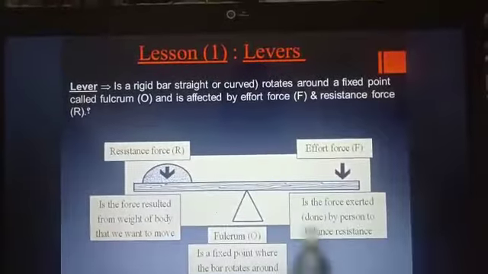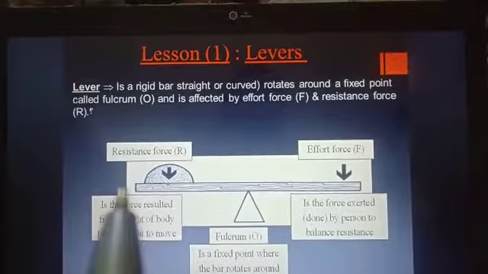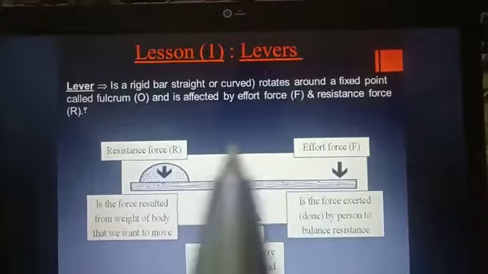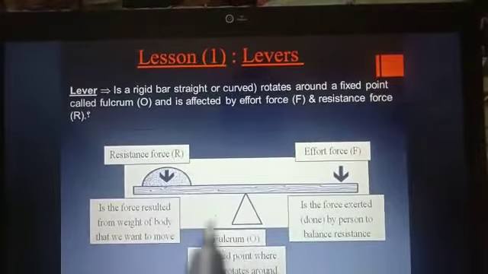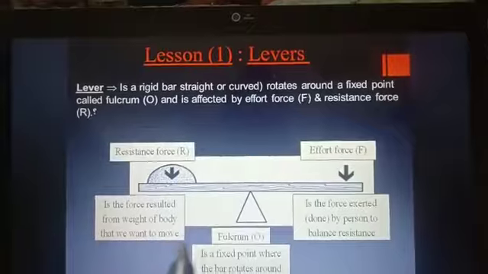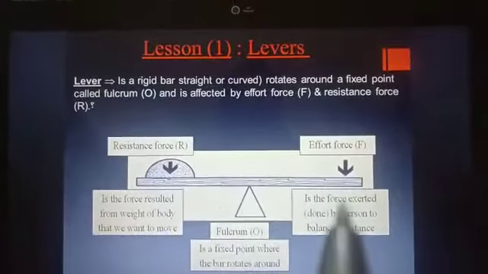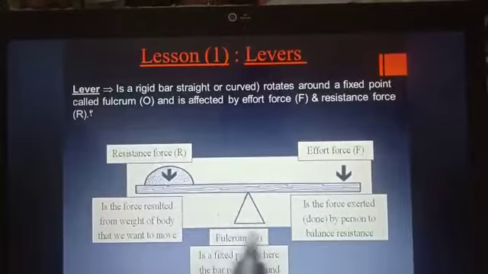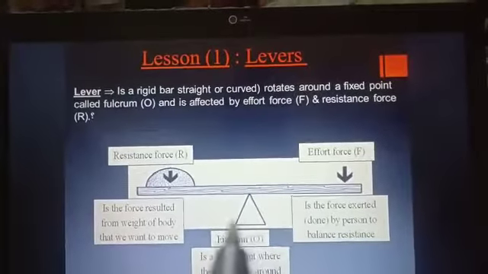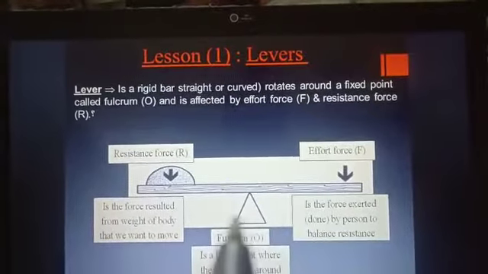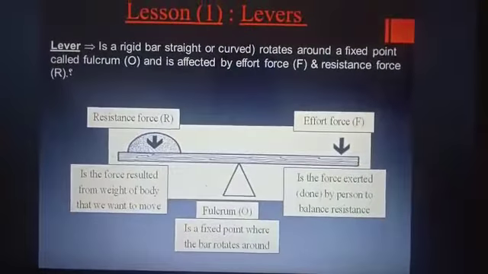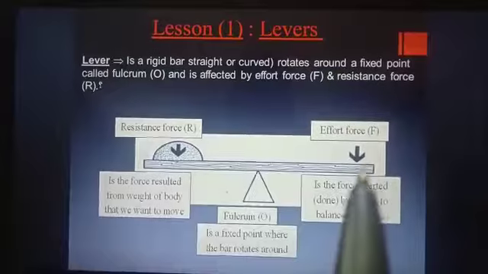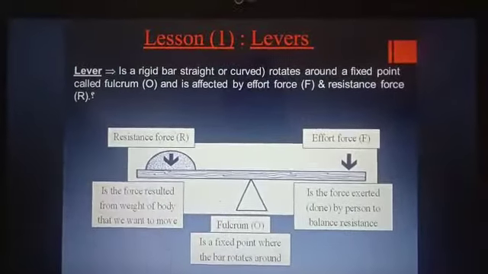And effort force and resistance force affect this rigid bar, which rotates around the fulcrum. Again, a lever is a rigid bar, straight or curved, that rotates around a fixed point called the fulcrum or O, and is affected by effort force and resistance force.